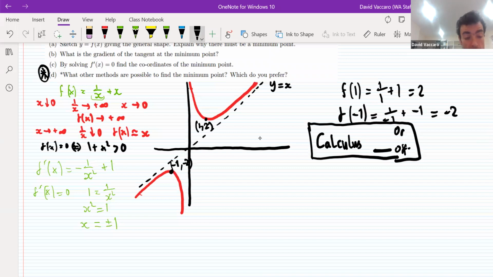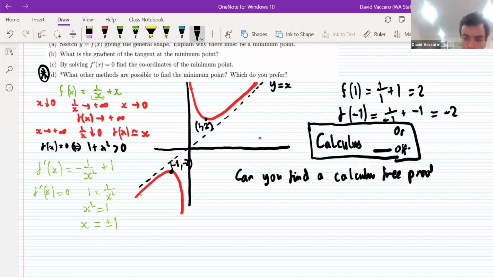And what we're going to try and look for now is a calculus-free proof to find the turning point of 1 plus x squared over x.